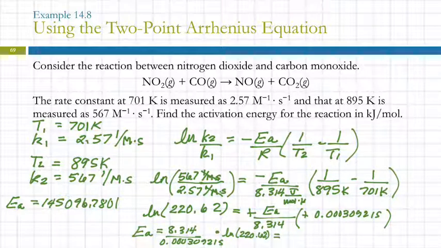Like, wouldn't you first divide by the zero, like divide the natural log by 0.0003 and then multiply it by... That's an excellent question. Does the order matter here? Shouldn't you take this and divide it by that and then multiply by that? The order doesn't matter, because when you're multiplying, you can just rearrange the terms. The dividing is important, and it's important to make sure that you're dividing by the 0.00 number instead of the 8.